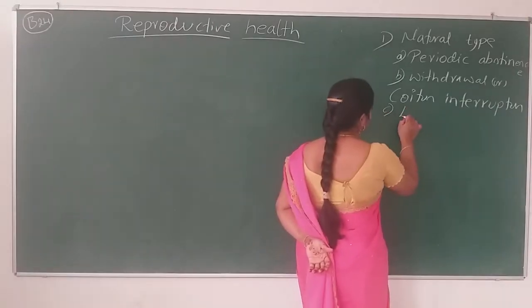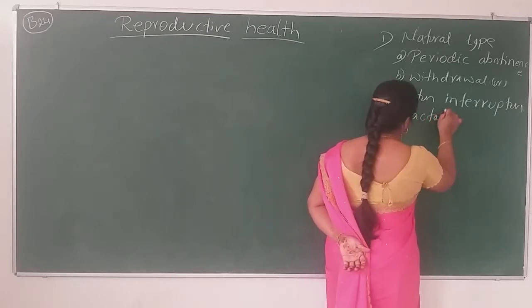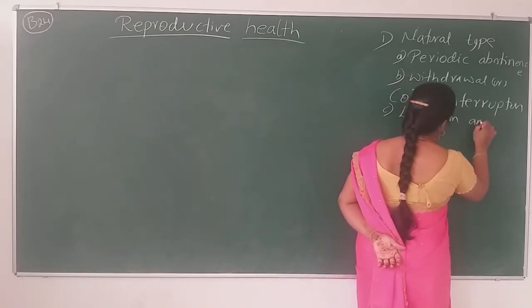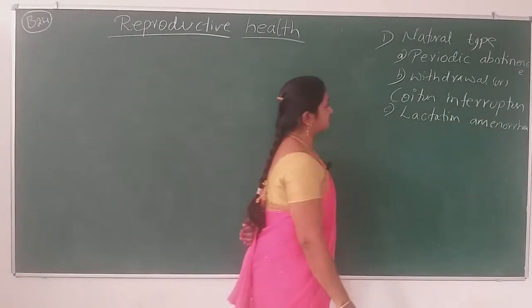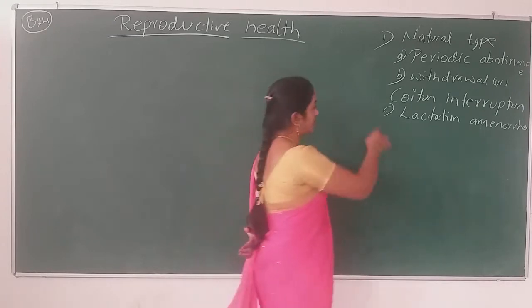The third one is lactation amenorrhea. So that is all about the natural type.